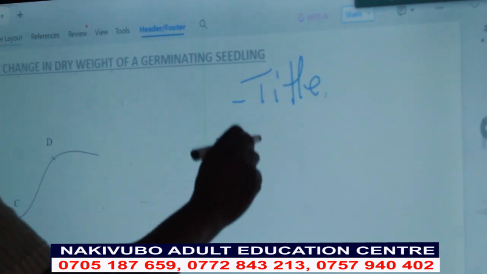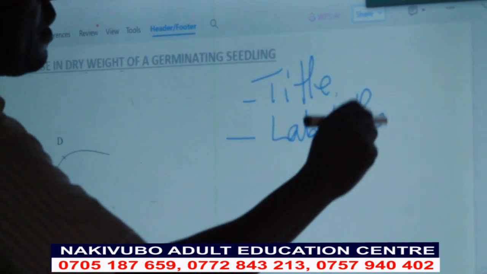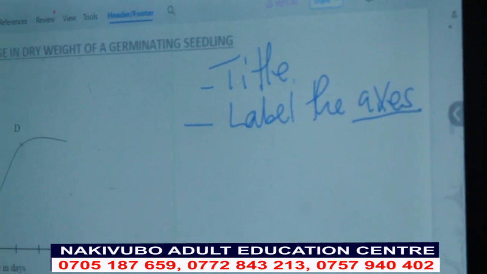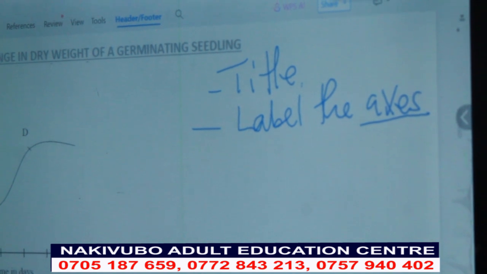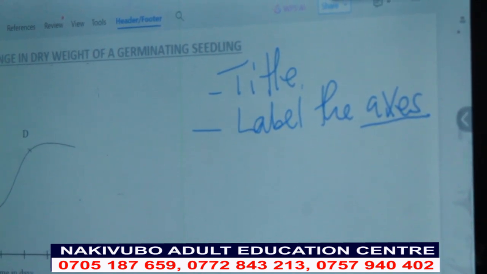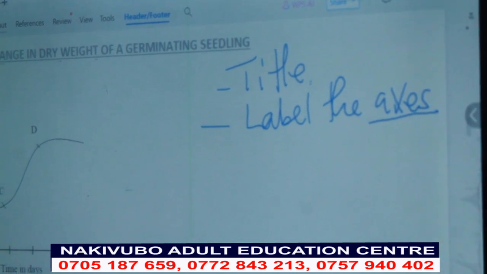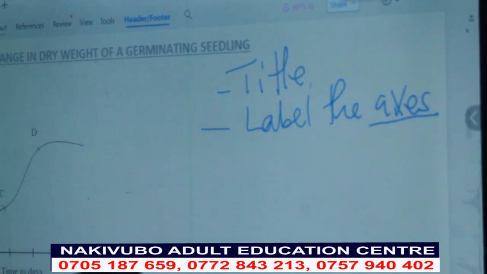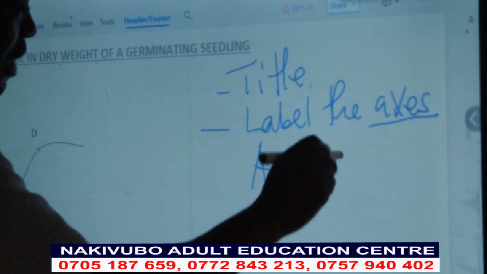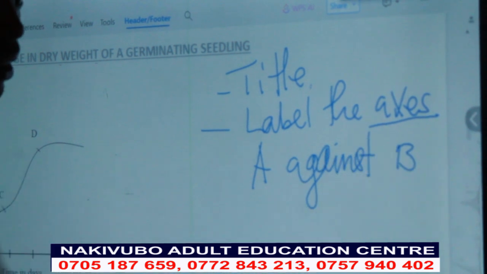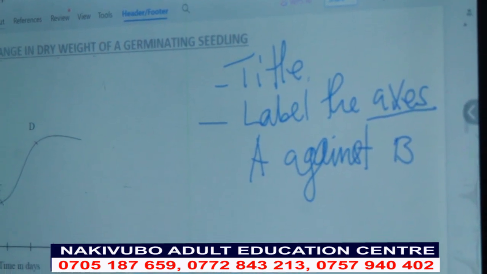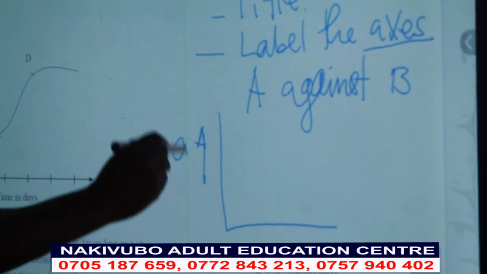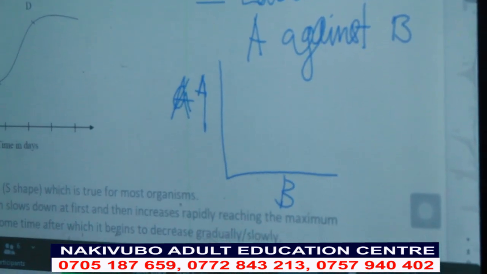The next one is to label the axes. Sometimes they give you plot a graph of A versus B, or plot a graph of A against B. You plot the graph like this: you put A on the vertical axis, and B on the horizontal axis.